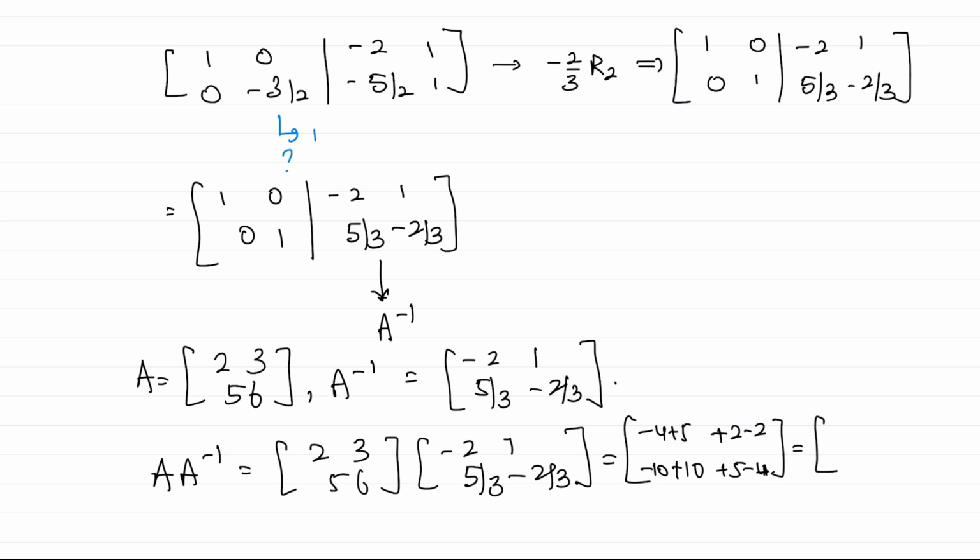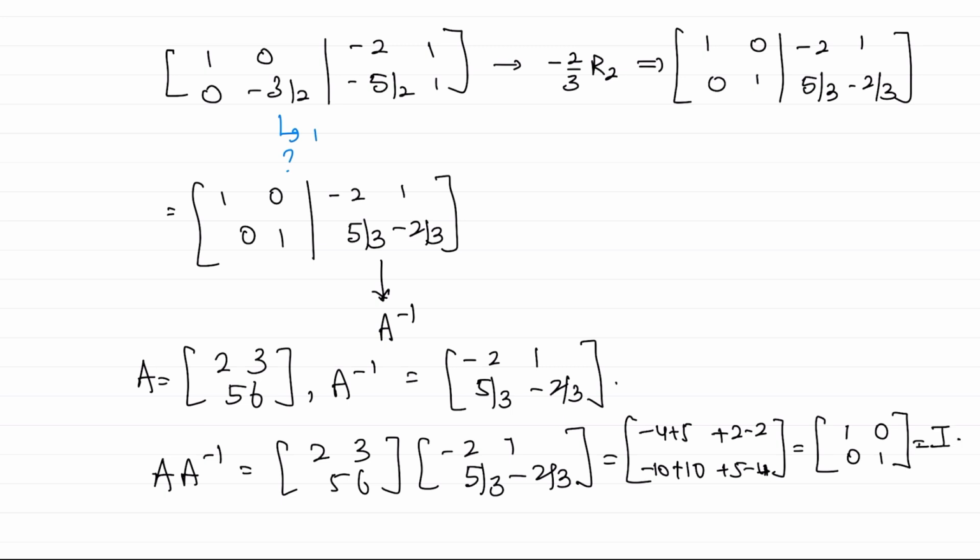That is equal to 1, 0, 0, 1. A into A inverse is equal to I. We got the inverse of the matrix with elementary operations very easily.